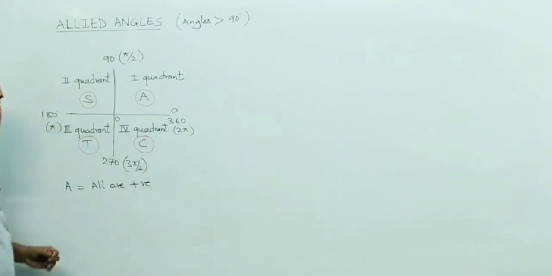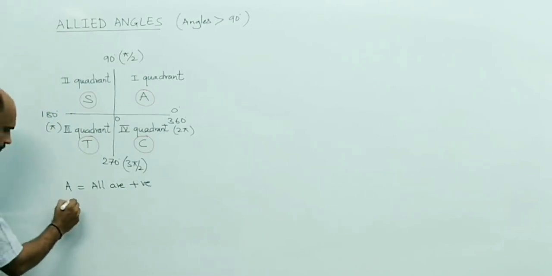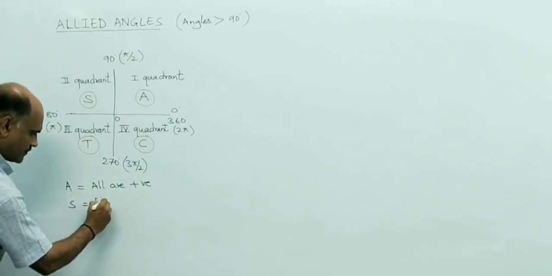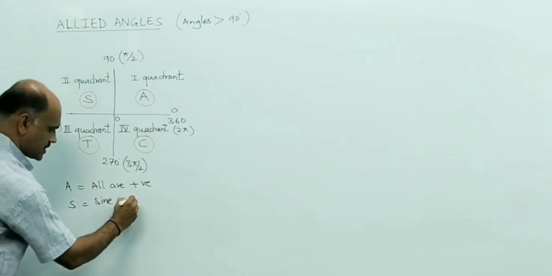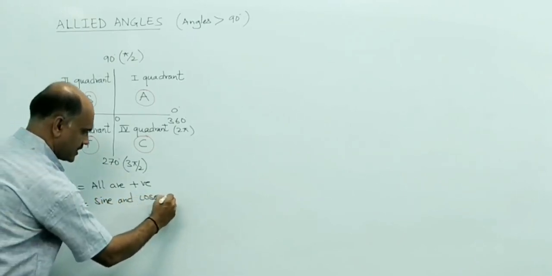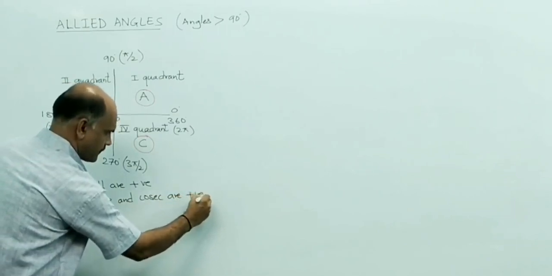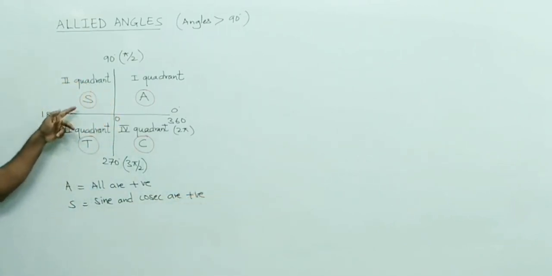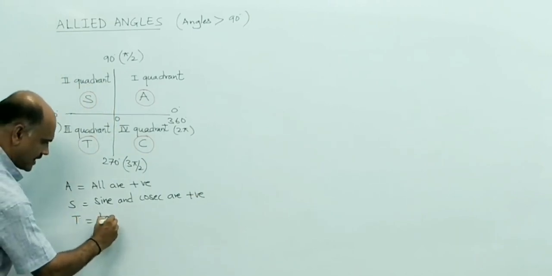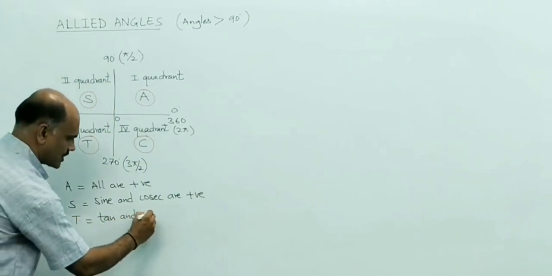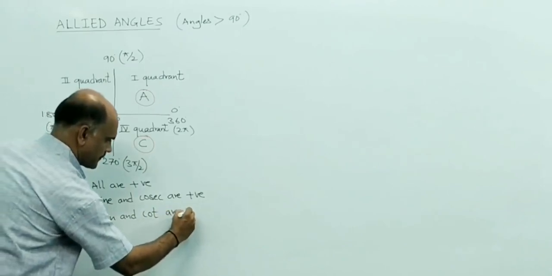All are positive. Sin theta value is positive, cos theta is positive, tan is positive. Sine and cosec are positive in the second quadrant. In the third, tan and its reciprocal cot are positive.